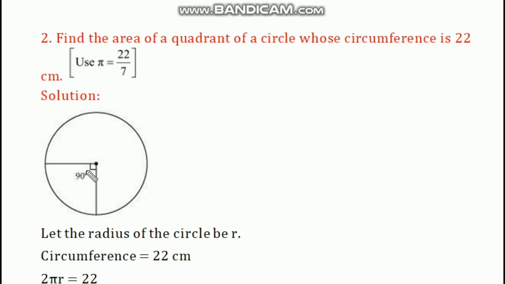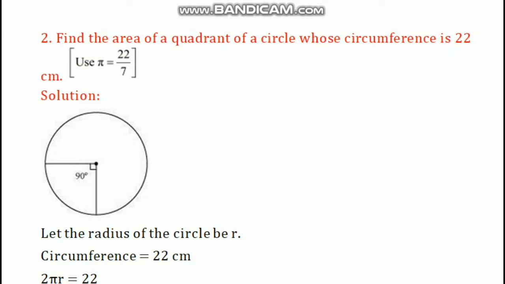Here we know the angle, that is 90 degree, but we need to find out the radius of the circle. Without knowing the radius of the circle we cannot find out the area of this quadrant. So how to find out the radius? By the given condition, the circumference is 22 centimeter.